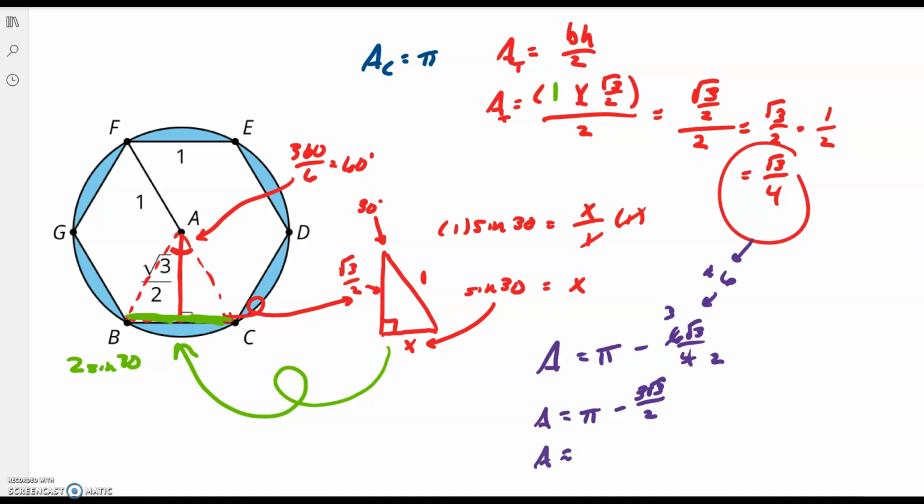If we're going to approximate it, we can just type this into our calculator. So I want to do pi minus 3 square root 3 divided by 2.